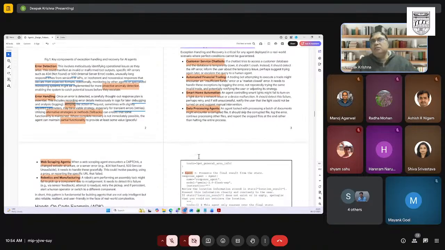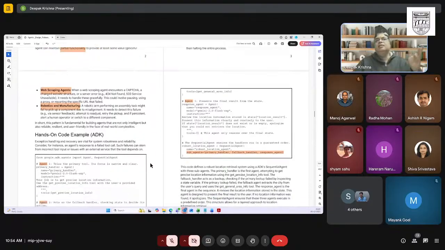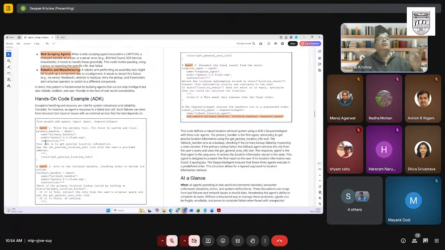Now how can we actually implement this? So this pattern we know, and the way it can be solved we know. Now we have to create that graph. Here in this example, they have created three agents. One agent is to try the primary functionality. The other is the fallback handler, right? And the last one gives you the final response.